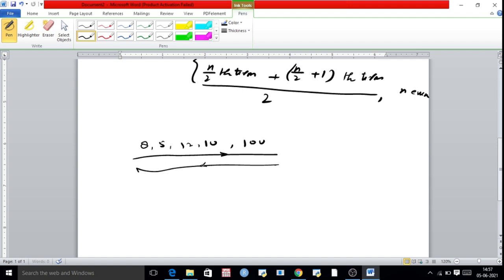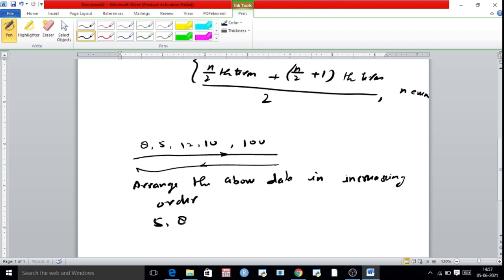It's up to you how you do it. We first arrange the above data in increasing order. So what we get is 5, 8, 10, 12, 100.